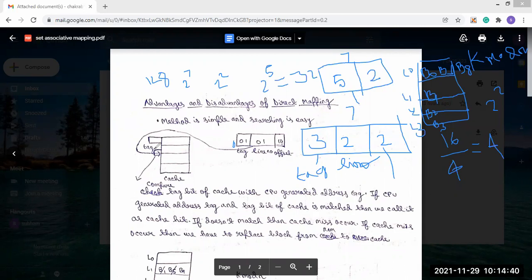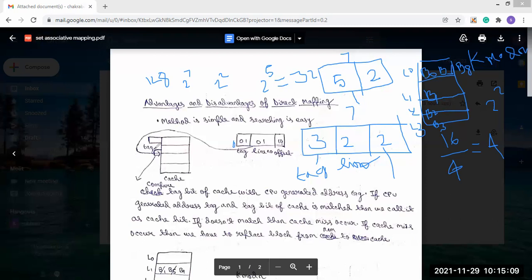So we have to transfer that block from the main memory to the cache, and then check again, and if it is matched, then the cache miss has been resolved. So if a cache miss occurred, we have to replace that block from the RAM, that's our main memory, to the cache.